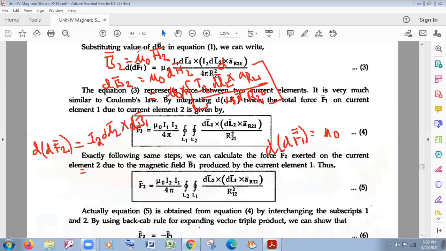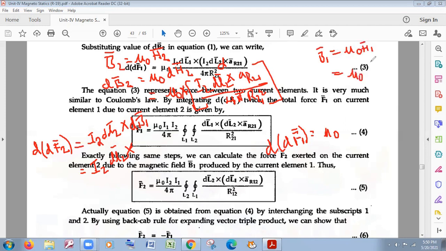So what is that B1 bar? According to this, B1 is equal to mu naught into H1. So I2 dL2 bar cross, according to the Biot-Savart law, using B1 bar equal to mu naught into H1 bar. What is that H1 bar?